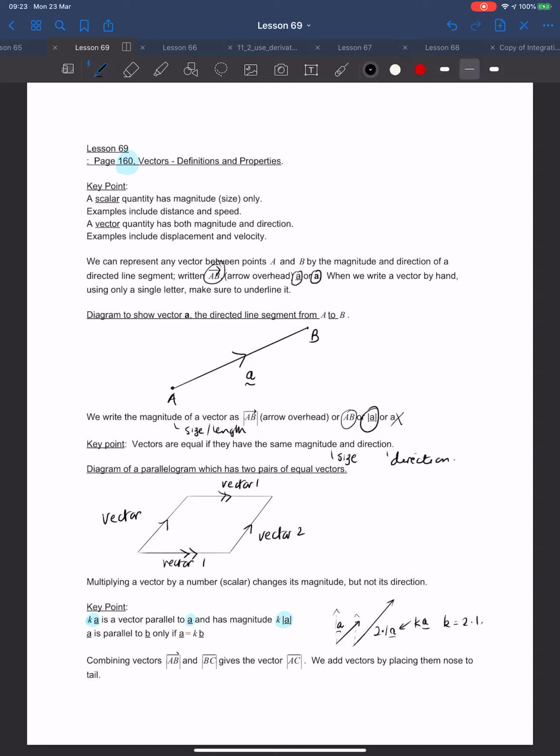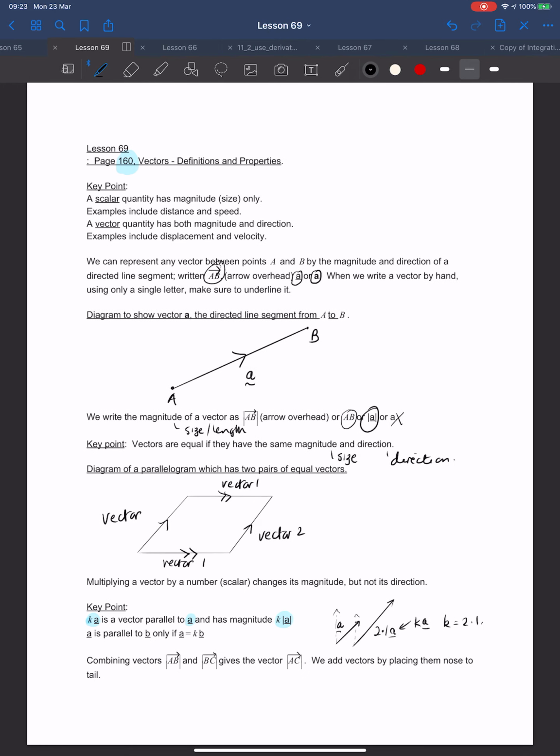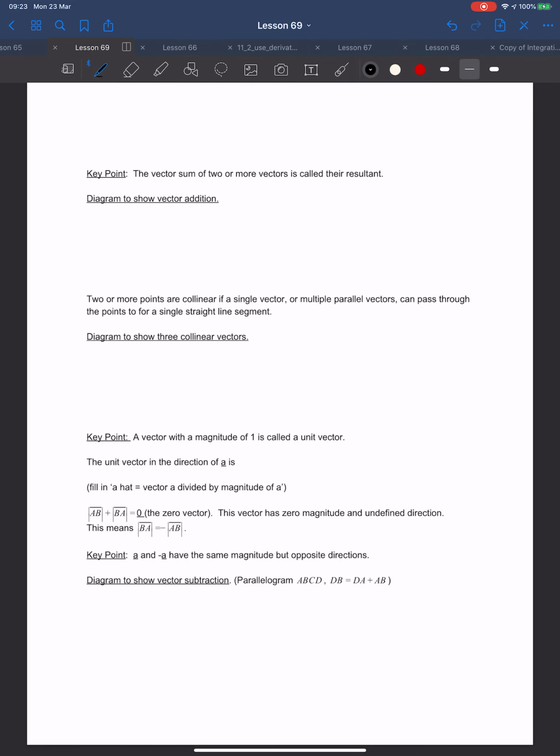Combining vectors AB and BC gives the vector AC. I'm at the bottom now. We add vectors by placing them nose to tail, and I'm going to do a diagram of that one on the next page. The vector sum of two or more vectors is called their resultant.